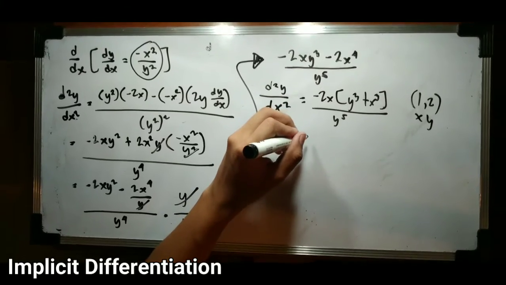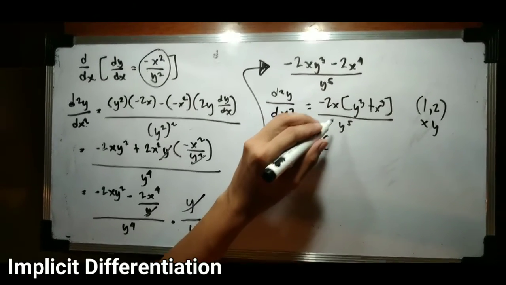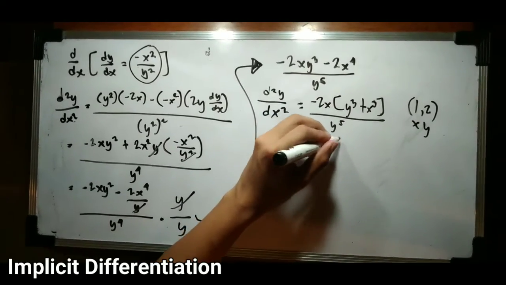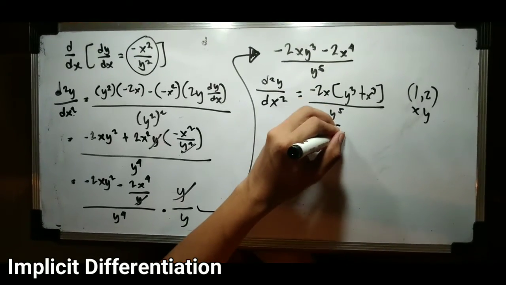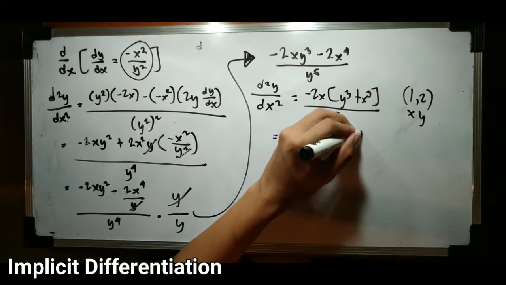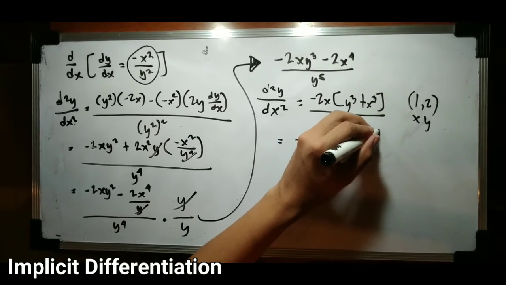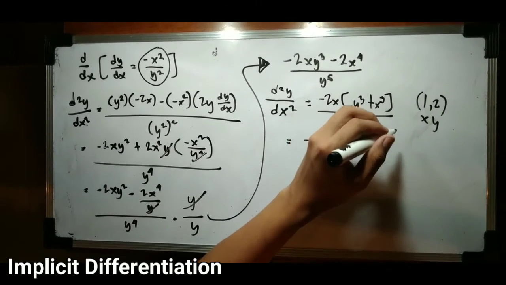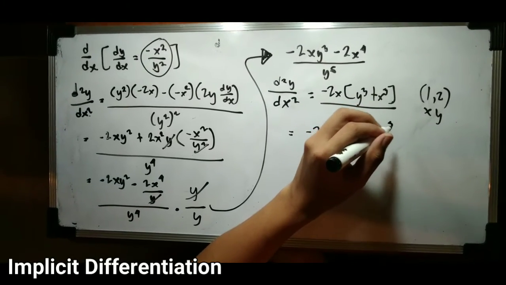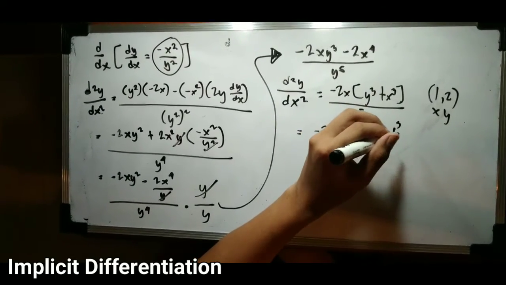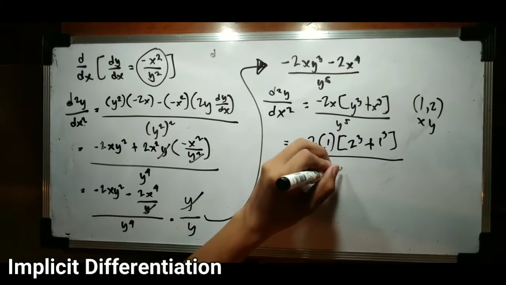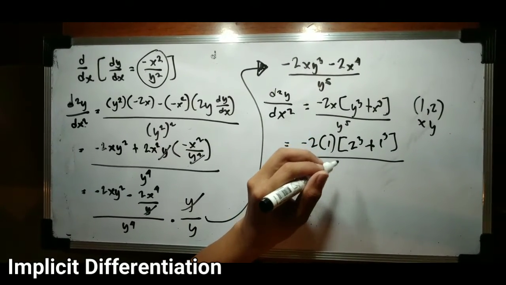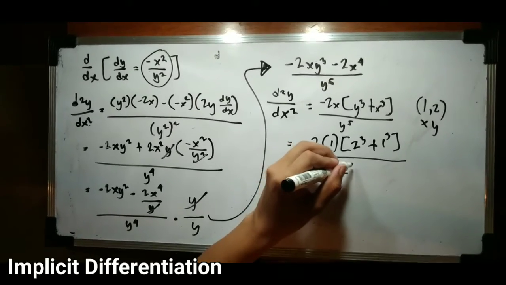So negative 2, the value for x is 1, then the y value is 2, cubed, plus the x value is 1 cubed, or 2 cubed plus 1 cubed, over the y value, 2 raised to 5.